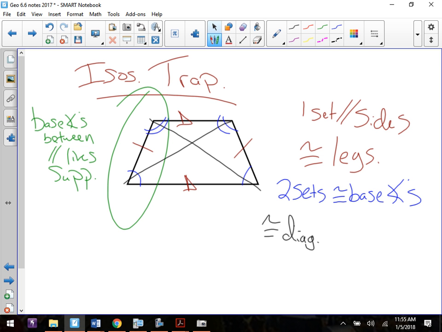These two angles here are still supplementary, but they're just not going to be congruent across from them. Does that make sense? Because you still have two parallel lines cut by a transversal here and here. So the angles between the parallels will always be supplementary.